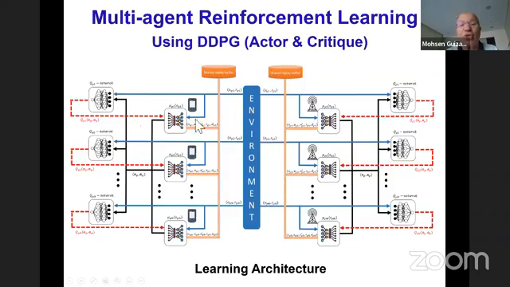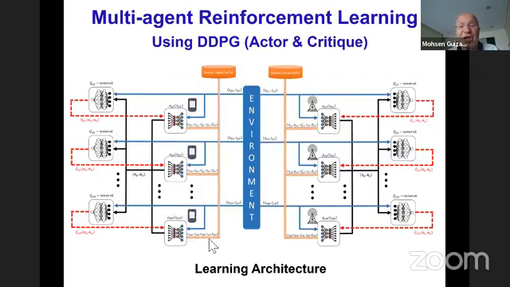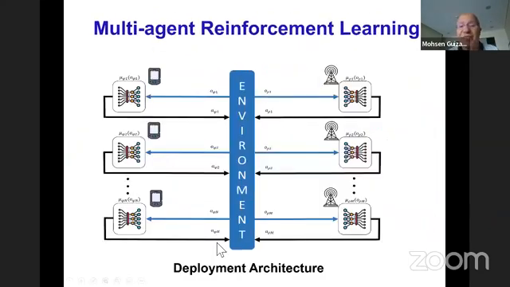So you can see two learning types, and we have the environment, and we have the edge, which is related to the network, and at the end the learning architecture. But this learning architecture is too complicated. So we can use some approximation to reduce the complexity a little bit to something like this, called the deployment architecture environment, and we reduce some of the learning process.